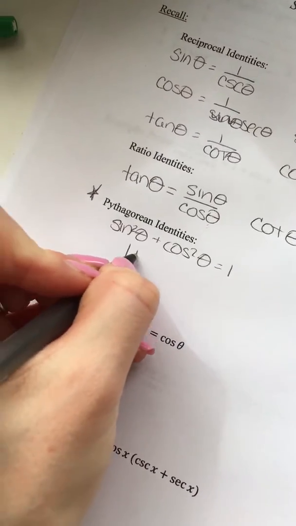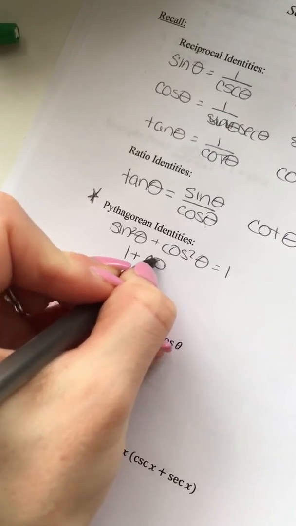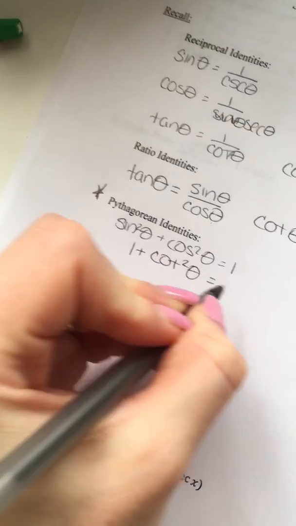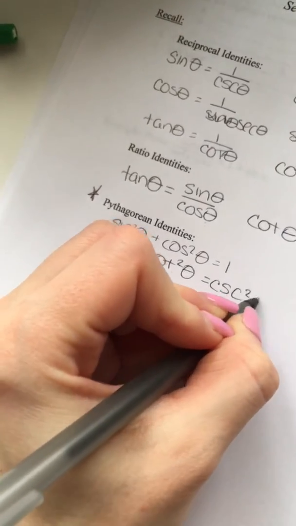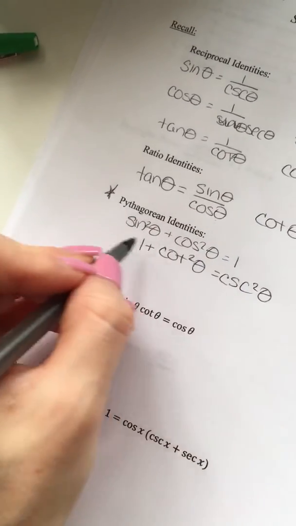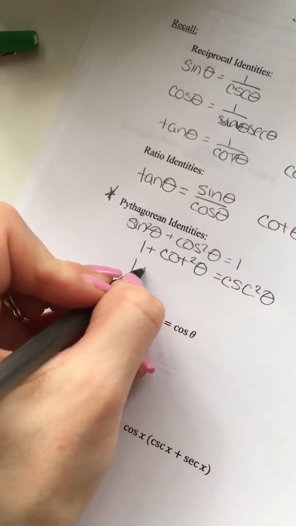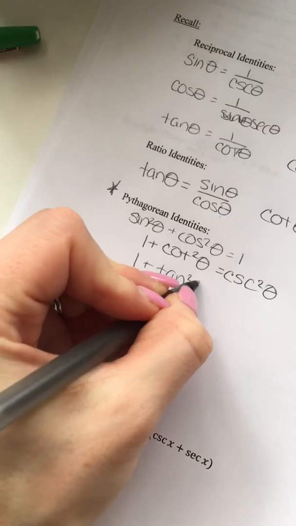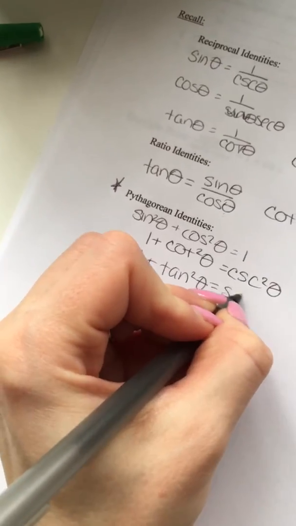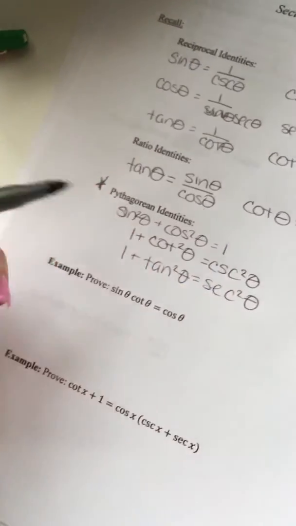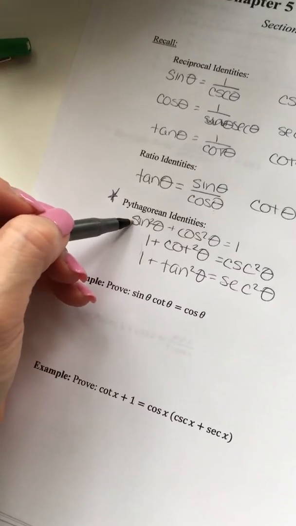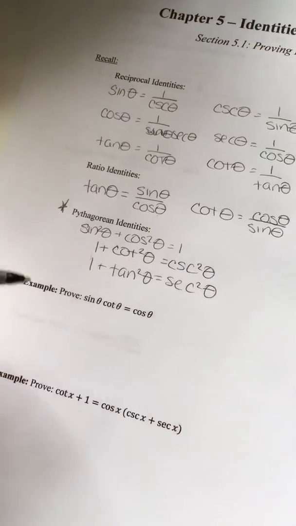So I get 1 plus cotangent squared is equal to cosecant squared, and I get that when I divide everything by sine squared. And then the other one I get is 1 plus tangent squared is equal to secant squared. These 2 come from that one. We've done all this before.